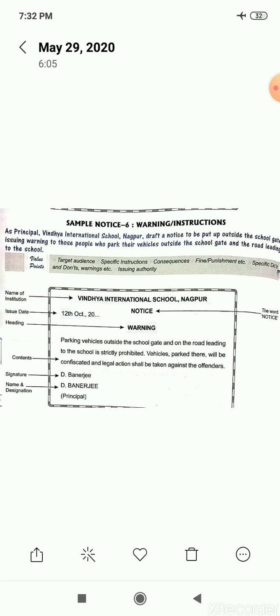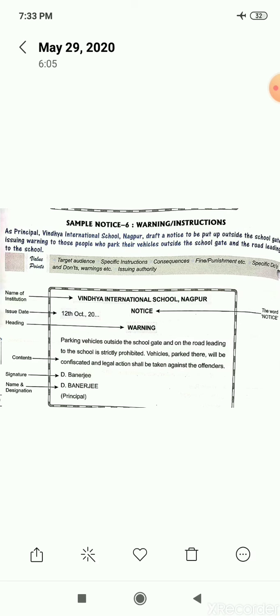It is a warning issued to those people who park their vehicles outside the school gate and on the road leading to the school. It means some of the people must have been parking their vehicles in an inappropriate manner outside the school gate, and as principal of the school you must issue them an order so that they should stop this practice immediately, right?